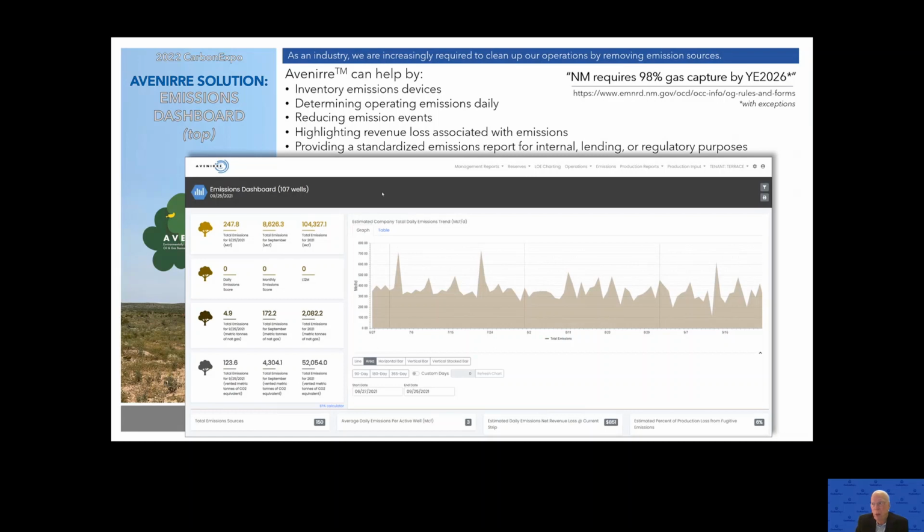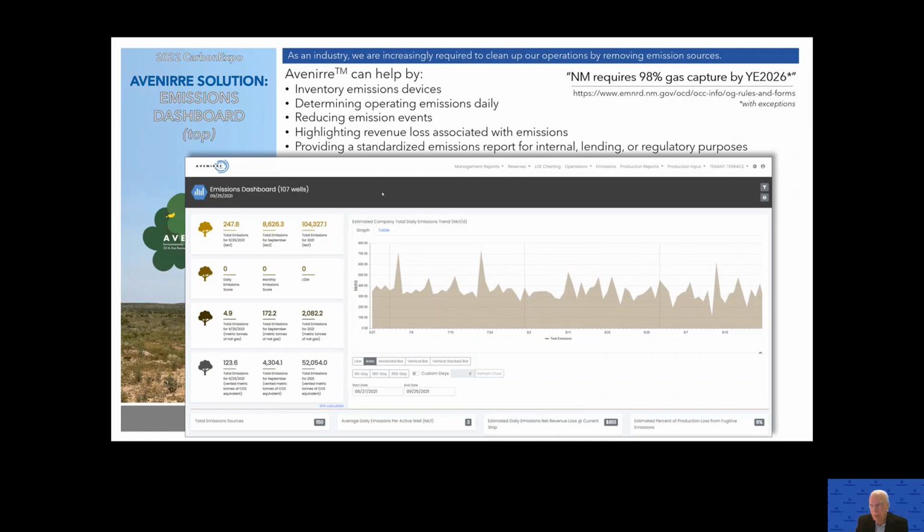So the software does all the math for you, but the various environmental agencies around the world have tried to balance and figure out a way to score the environmental impact of emissions that result from different types of gases versus each other in order to provide a common yardstick for evaluating the impact.